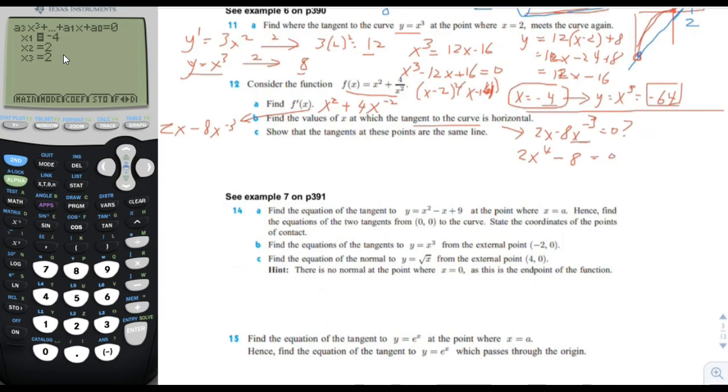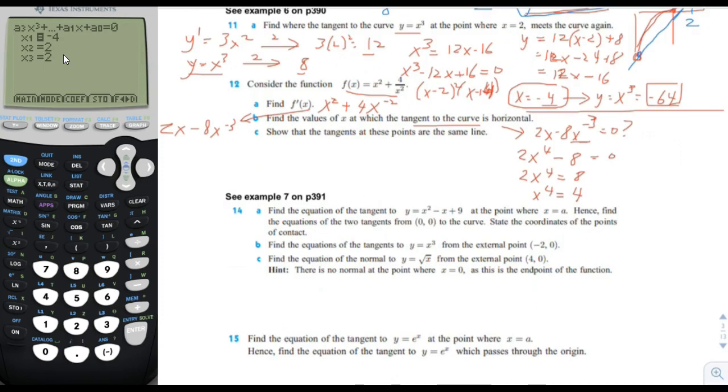So let's solve for x now. Even though it's an x to the 4th, it's not that hard because there's no other terms. So we'll add 8 to both sides. Then we divide both sides by 2. And then we take the square root of 4, we get 2. We take the square root of 2, and we get square root of 2.